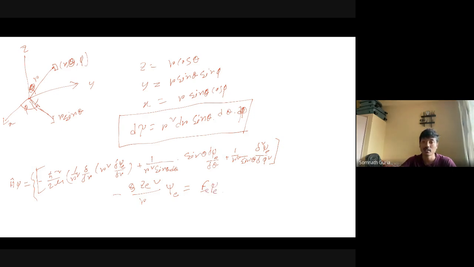So after separation of all the variables, we get some equations.